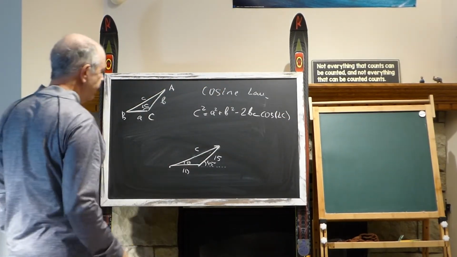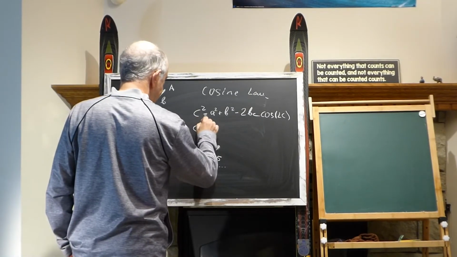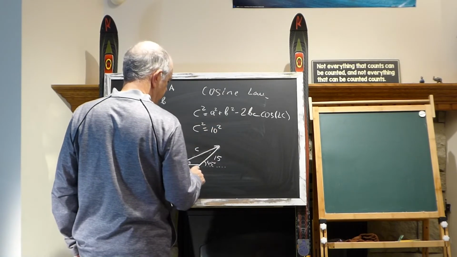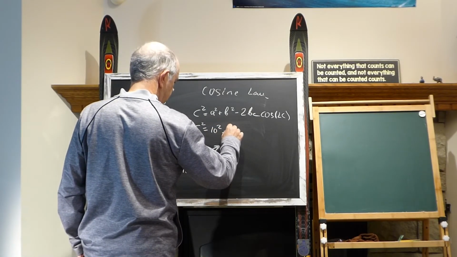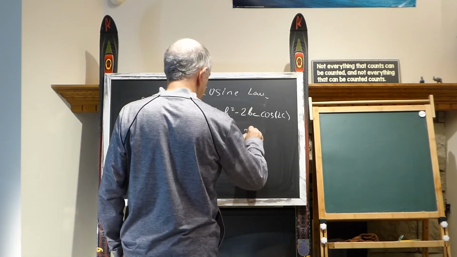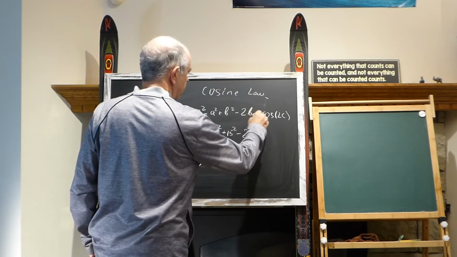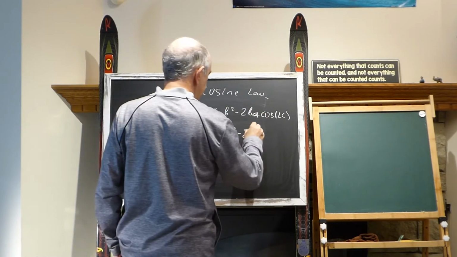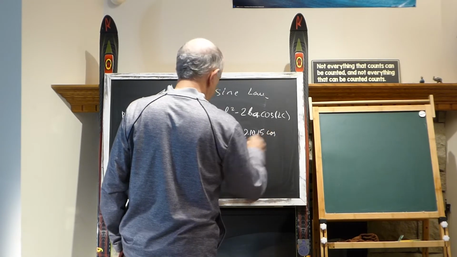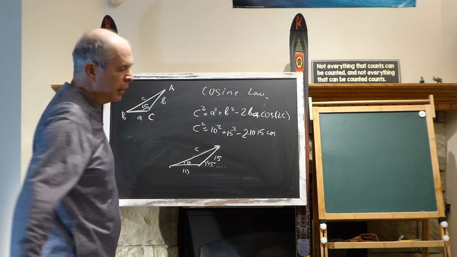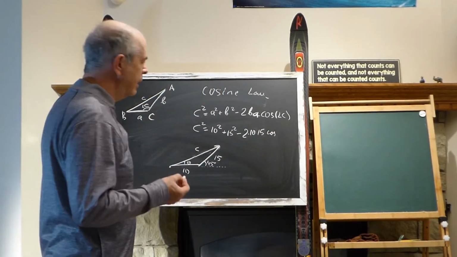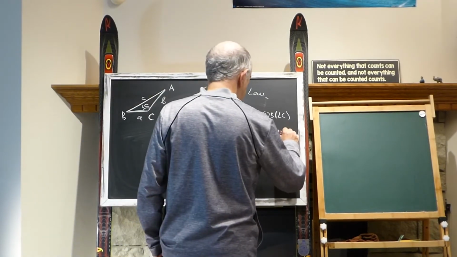And in this case we know everything. We say c squared equals 10 squared plus b squared, which would be 15 squared, minus 2ab, 2 times 10 multiplied by 15, cosine, and so this angle, the full angle is 180, so it would be 180 minus 45, which would be cosine 135 degrees.